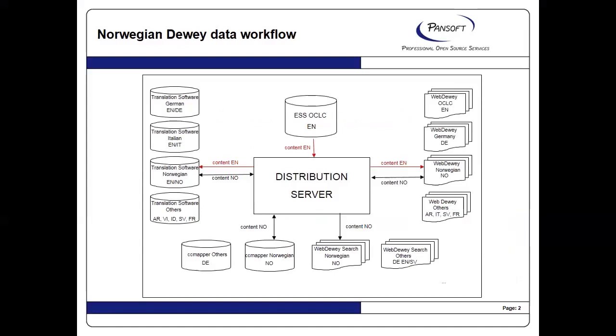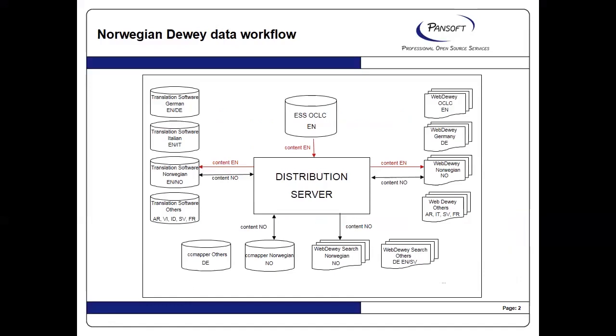So we have in the top center the ESS OCLC software, which holds the original English GUI content. I try to describe some data workflow in this chart. As an example, I use the Norwegian GUI data.